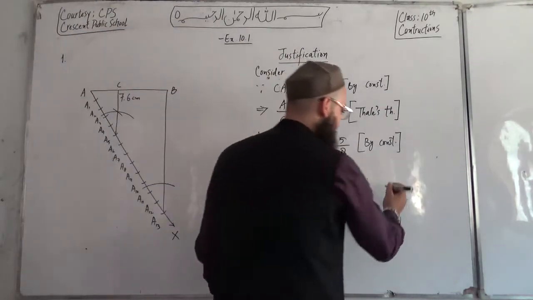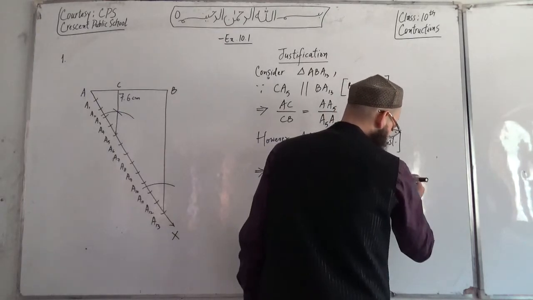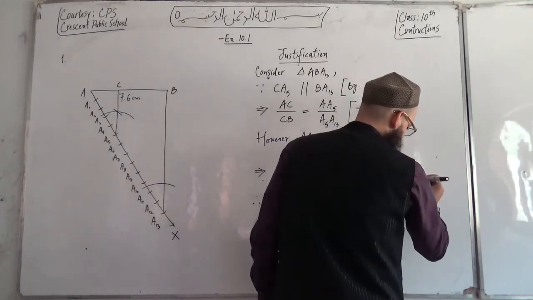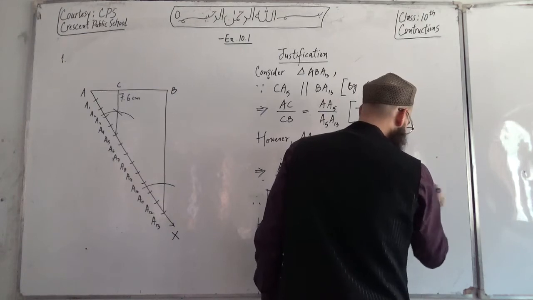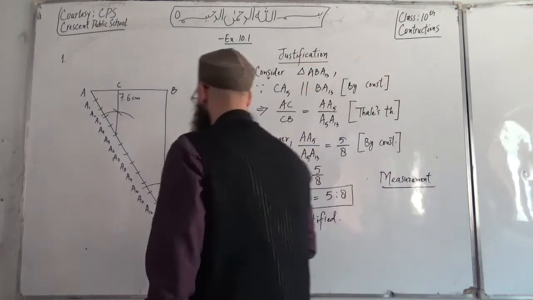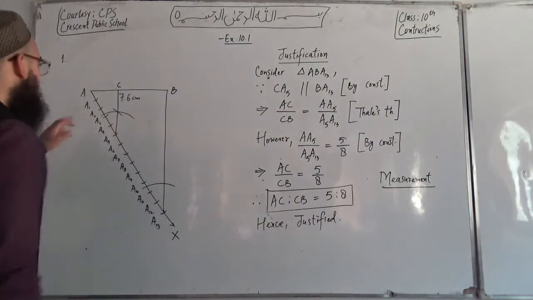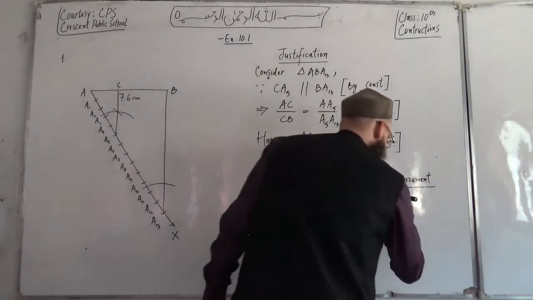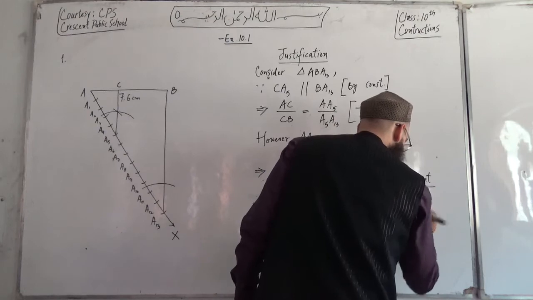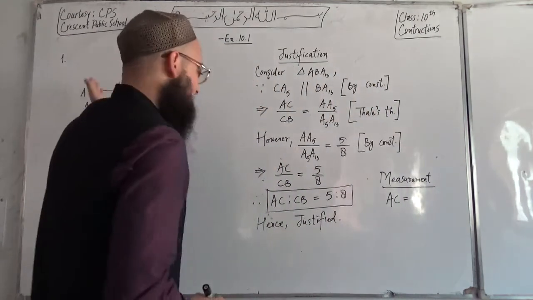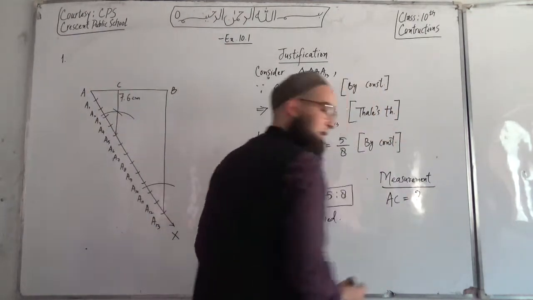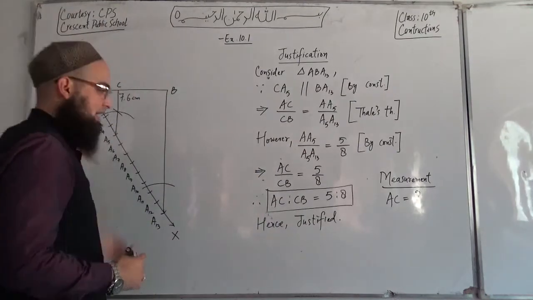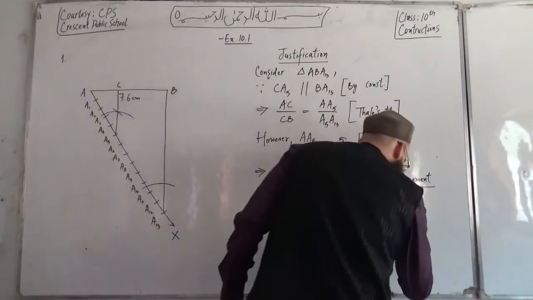Then the third step is measurement. In measurement, you are going to measure the two parts. Simply measure AC with the help of a ruler, then measure CB.